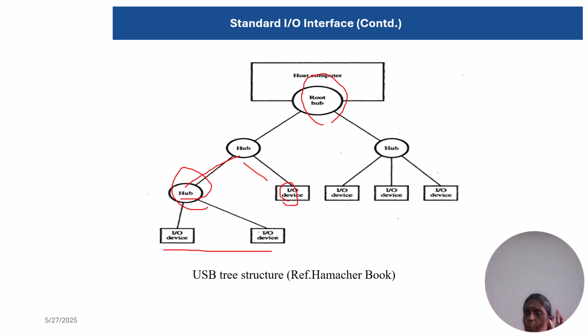One hub branches to one IO and one hub, and this hub branches to two IO. In the same way, this hub branches to IO devices, not only one or two but many. That is why there is a difference in indication. Three IO devices will be connected.